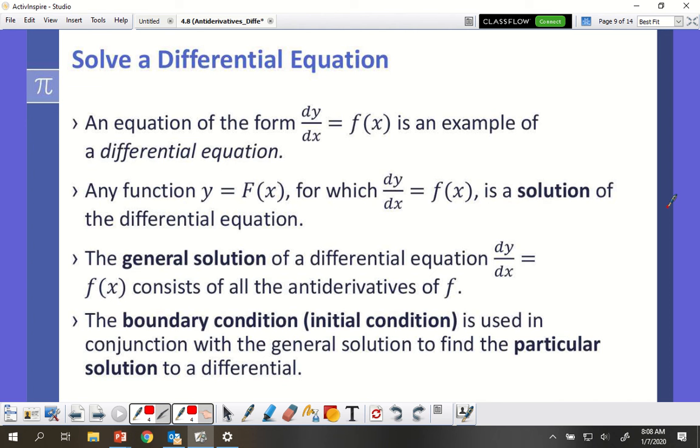Since the derivative is the slope, what is the antiderivative? Is it also slope? No, it's the function. Originally we take a function, take the derivative, and that gives me the slope. Take the antiderivative of the slope and that gives me the function.